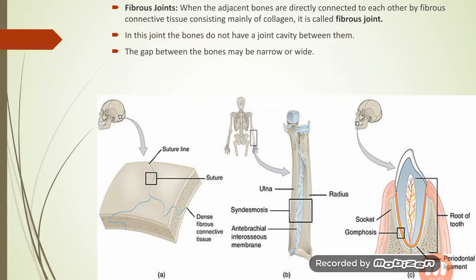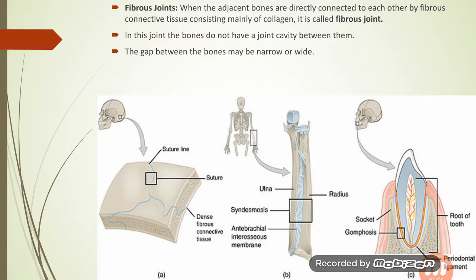Fibrous joints are found between most bones of the skull, called the sutures. They are found in the shaft regions of the long bones, in the forearm and in the leg. And they are also found in the root of a tooth and the socket in the maxilla or mandible.